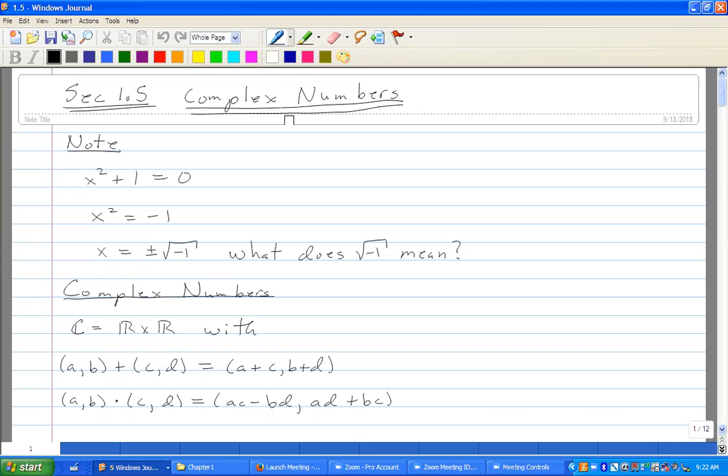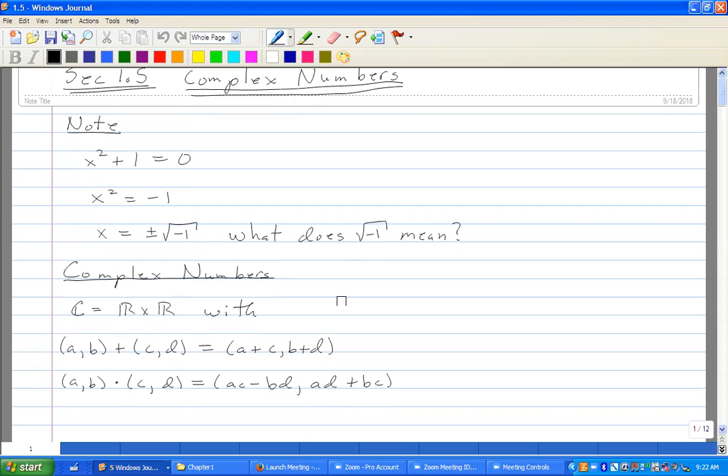So first I will define what we call complex numbers, which are an extension of our idea of a number, so that we will be able to solve any quadratic. Okay, so complex numbers. We'll denote the set of complex numbers by the letter C. It'll just be the Cartesian product of the real numbers with itself.